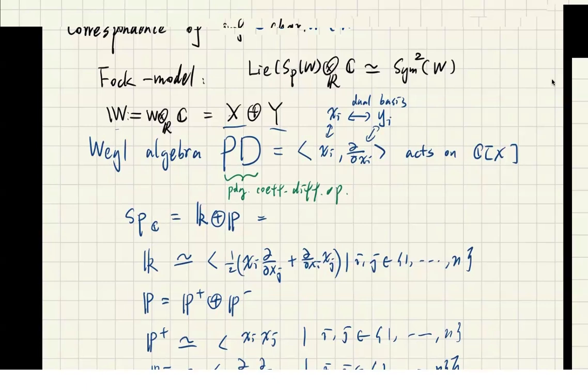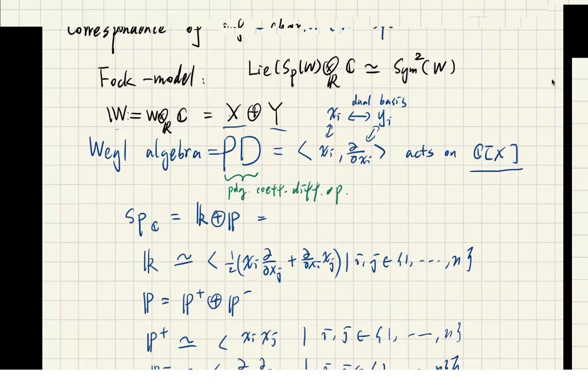So these operators will act on the space of polynomials on X. We call this PD, which is basically polynomial coefficient differential operators. This is called the Weil algebra.